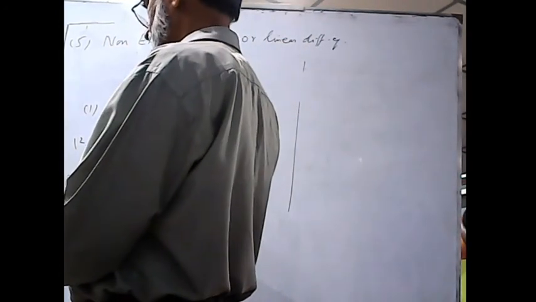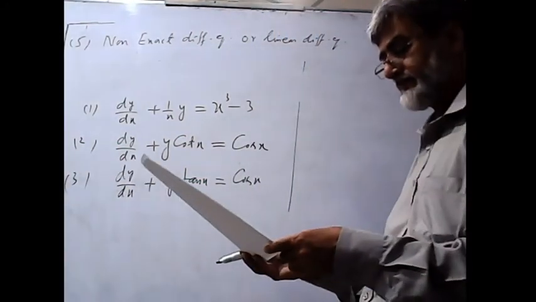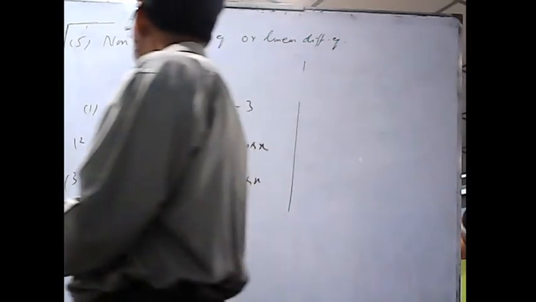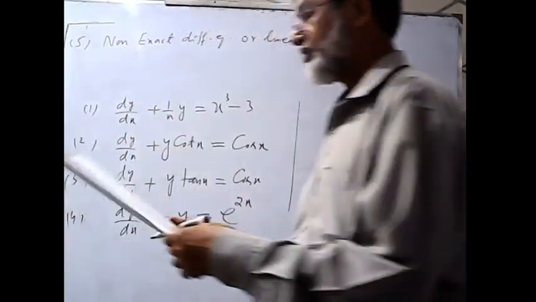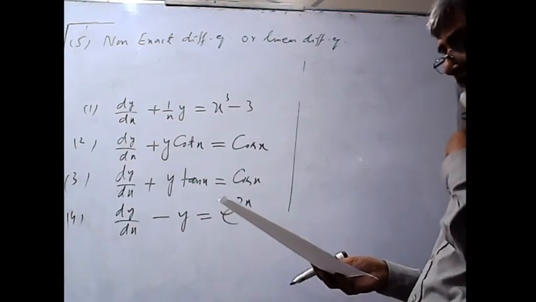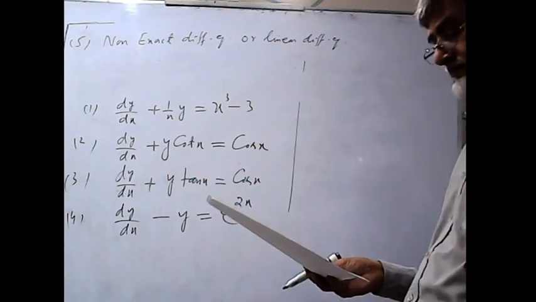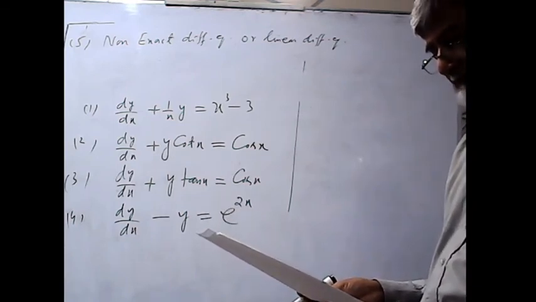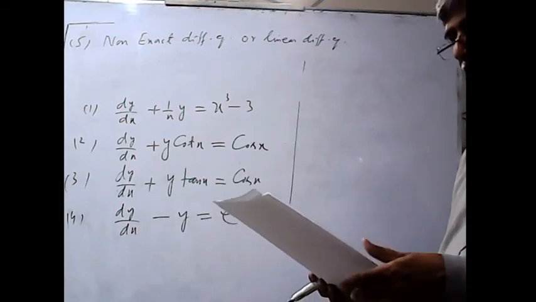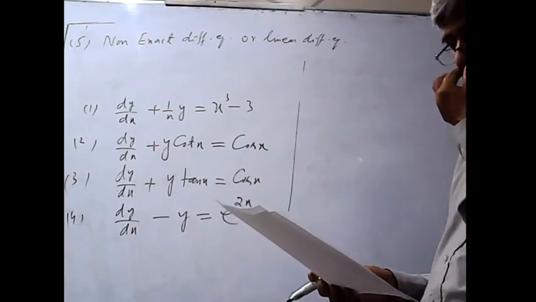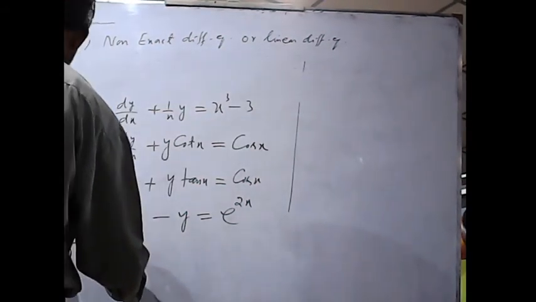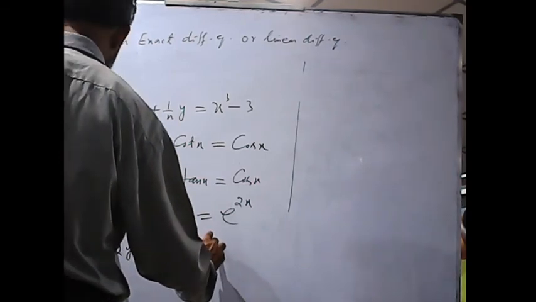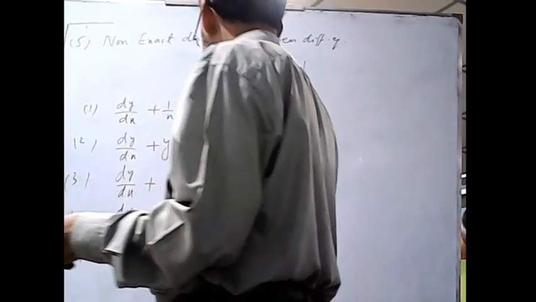Dy by dx plus y tan x equals cos of x. Dy by dx minus y is equal to e to the power 2x. And y minus 3x dx plus x dy equal to 0.